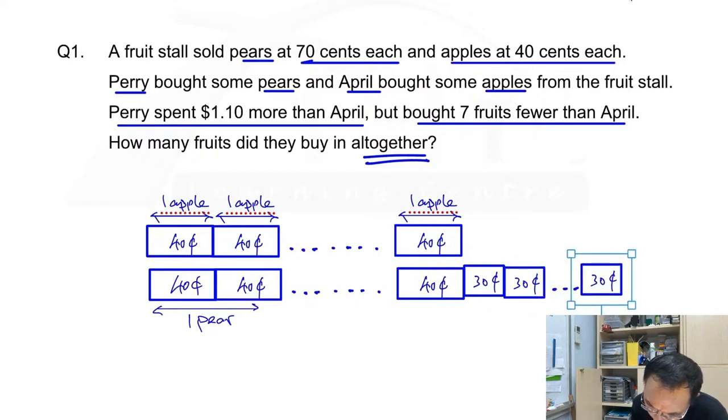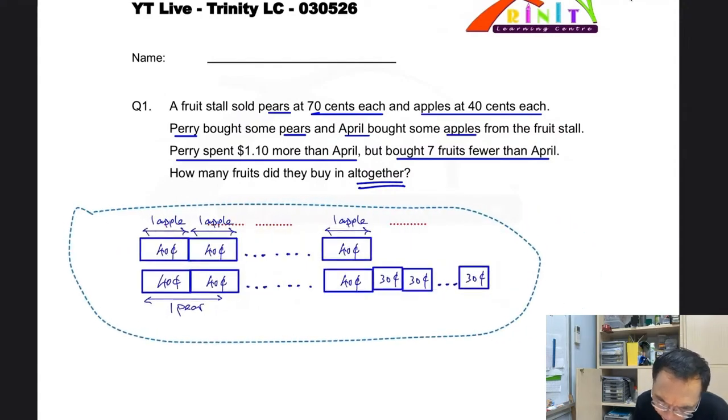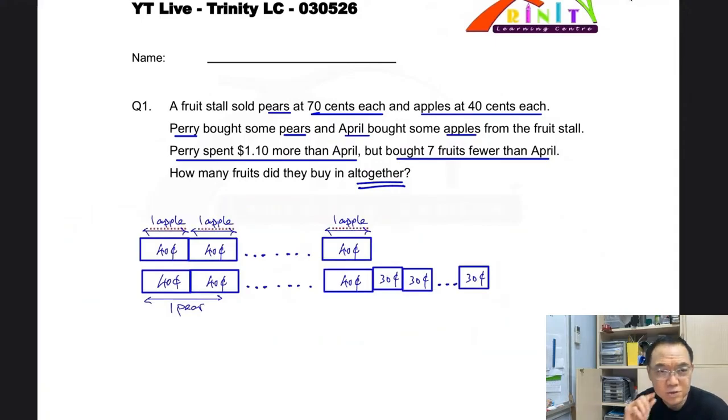In this situation, can you all tell me, this model I just drew, is it for an equal number of apples and pears or a different number of apples and pears? This is my question to you. Quick pause.